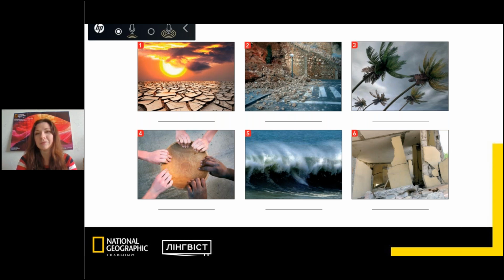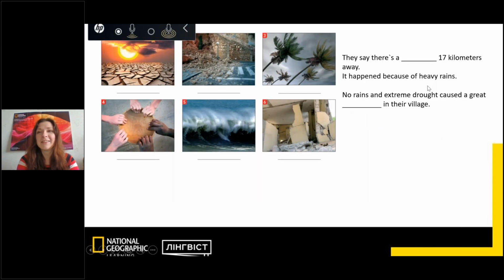Number 2, landslide. What about number 5? Tidal wave. Number 3, hurricane. Number 6, earthquake. And number 4, famine.